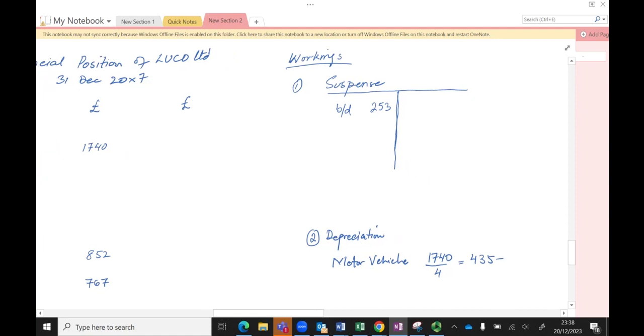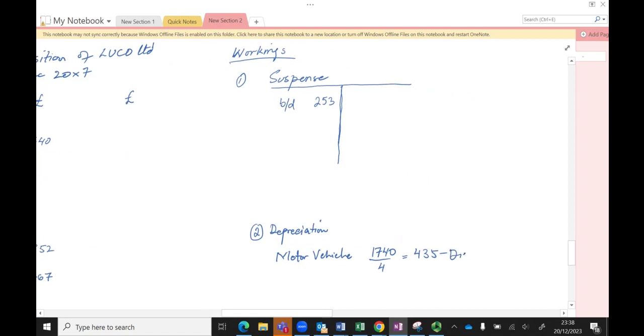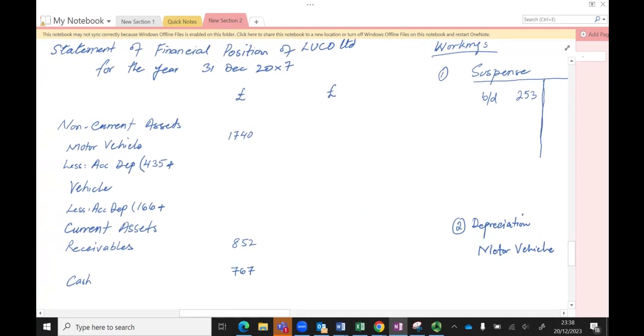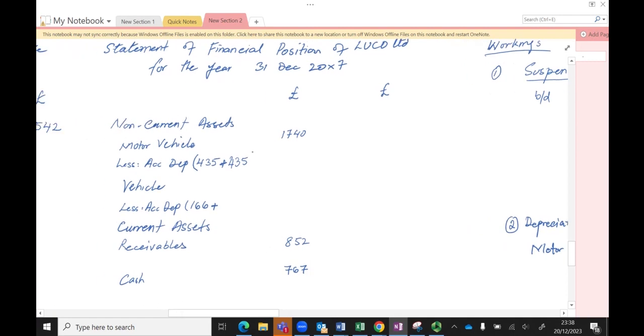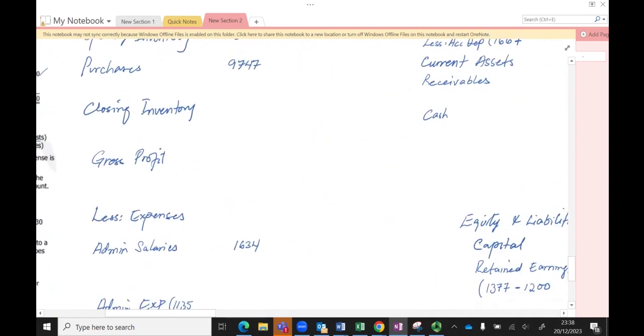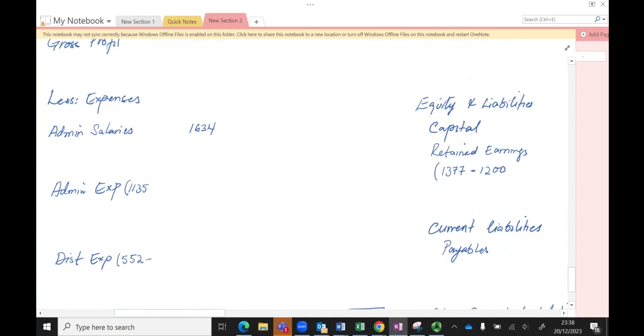That needs to be charged to distribution. So remember the double entry for depreciation: depreciation expense debit, and accumulated depreciation credit. So 435 will be included in the accumulated depreciation, as well as in the distribution expense, 435.